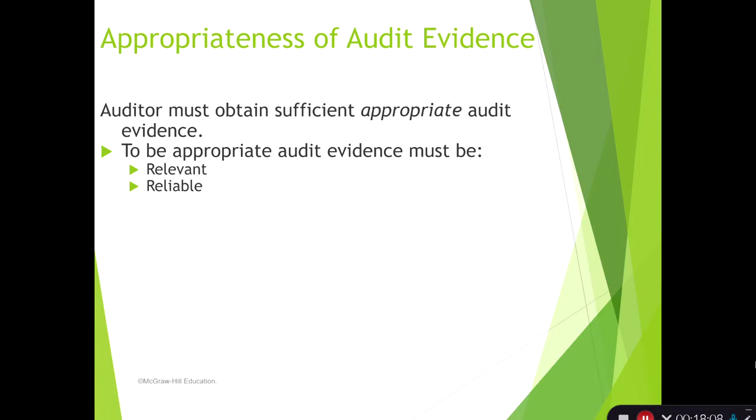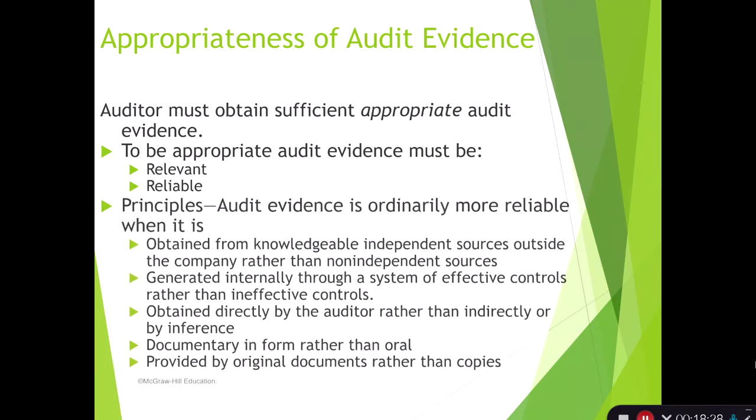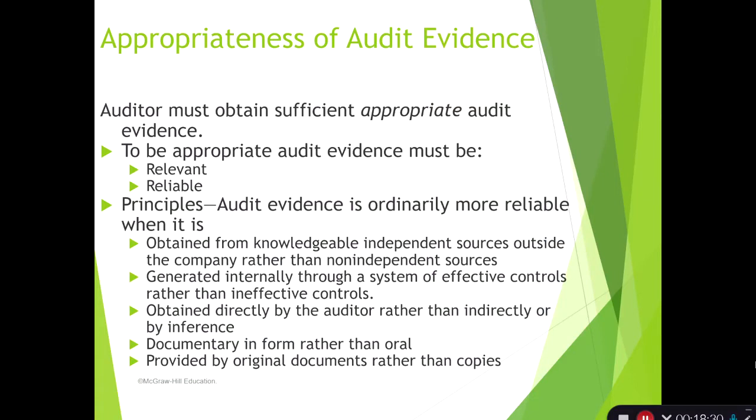Or a vendor statement that shows how much our client owes their vendor. And so we need both of those, relevance and reliability. Sometimes we just have to settle for whatever the level of reliability is. But again, those are the two that help us think about: is this good evidence or not? And is there better evidence out there?